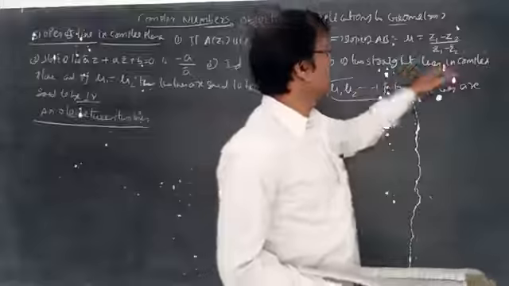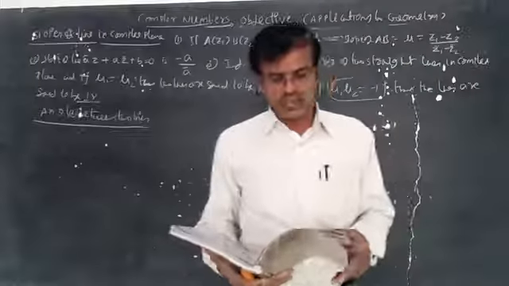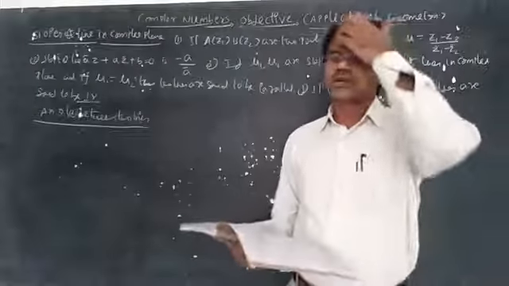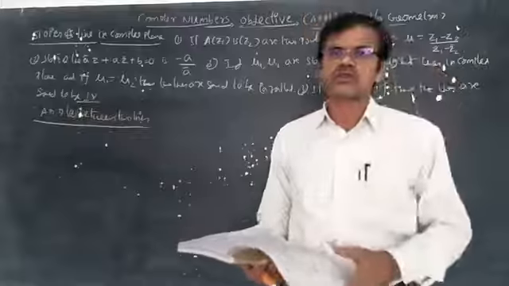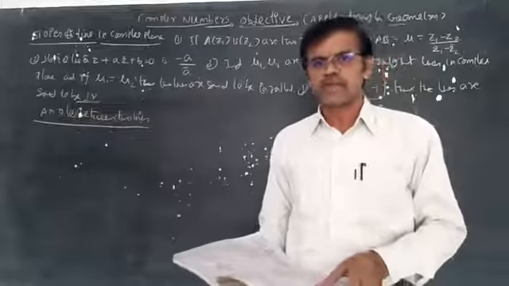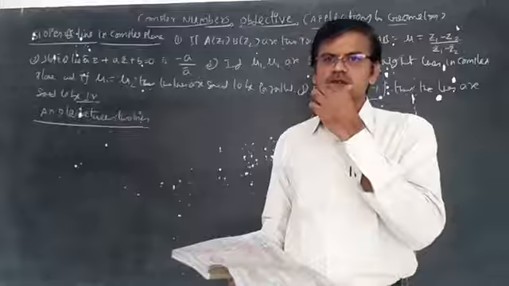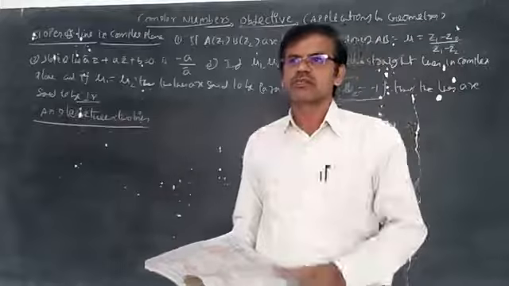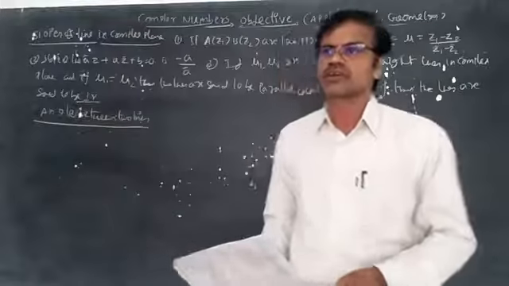Of course, the angle depends upon the slope concept. Here the argument theta, so theta is equal to tan inverse y by x is the angle of the complex number, where x is equal to r cos theta and y is equal to r sin theta.